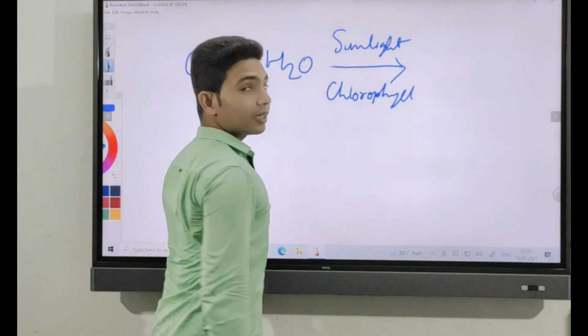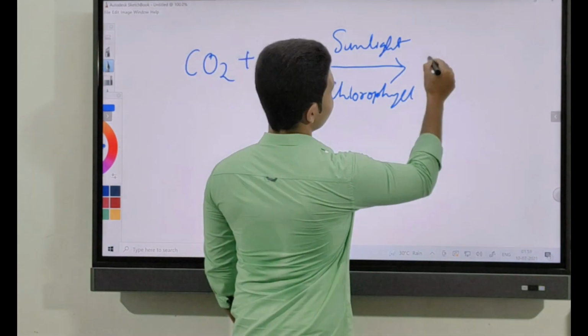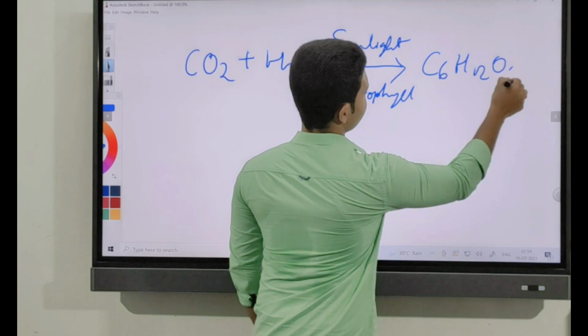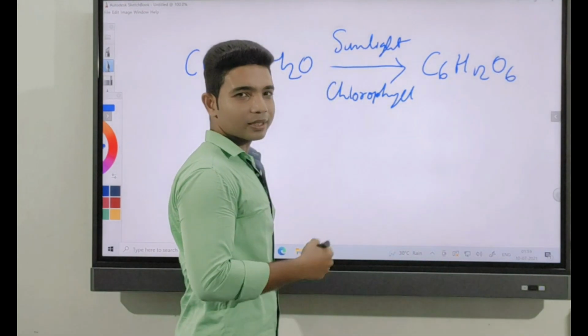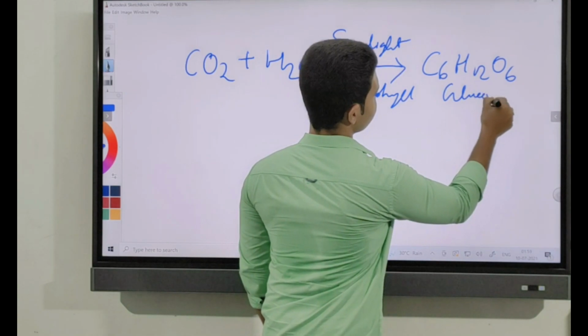What will it give? A very common product, C6H12O6, and I guess all of you know this is called glucose. So I am writing glucose here.